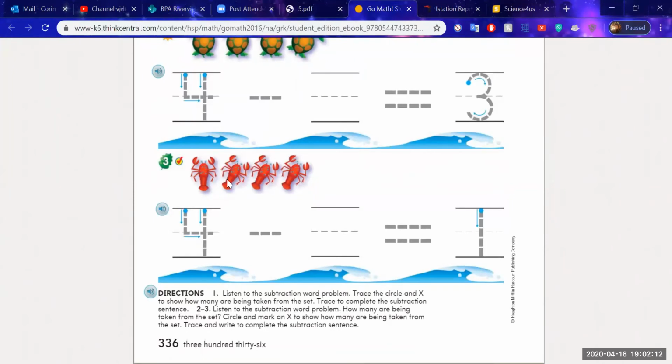You're right, you need to take away 3 lobsters. So 4 minus 3 equals 1. Great job. We're all done with our subtraction problems for today. Now the very last thing that we're going to do is read a book.